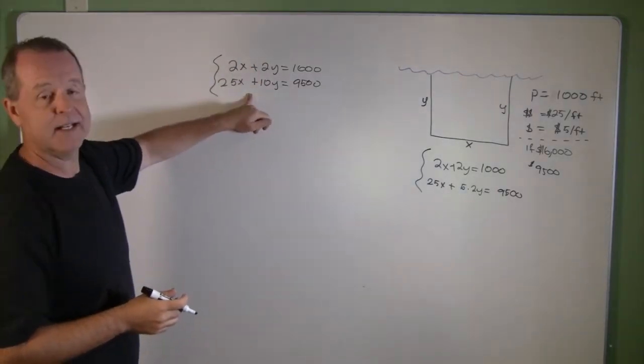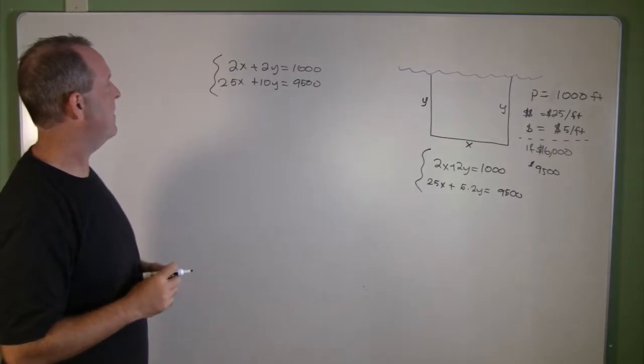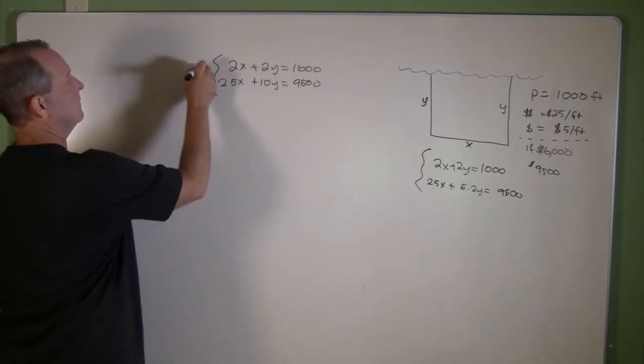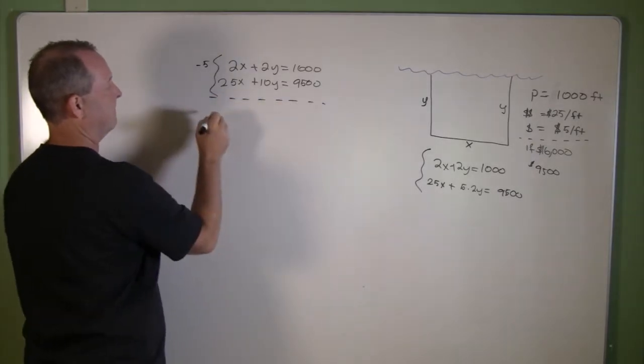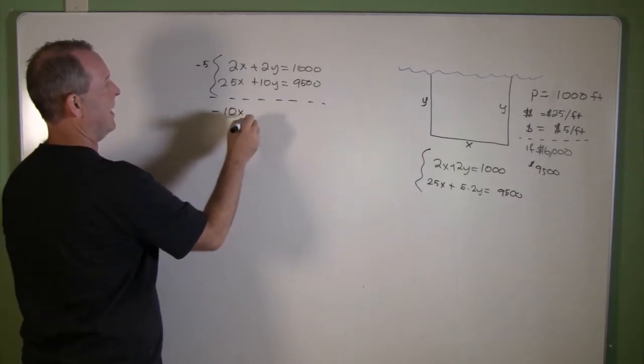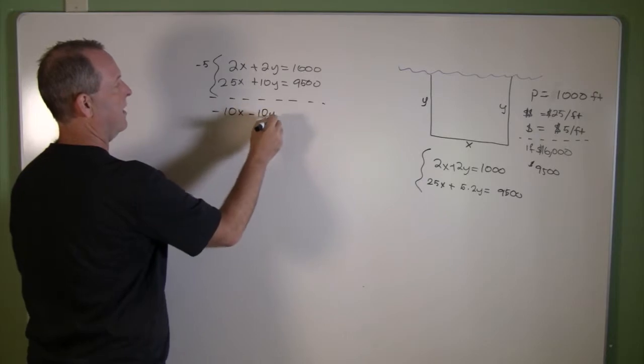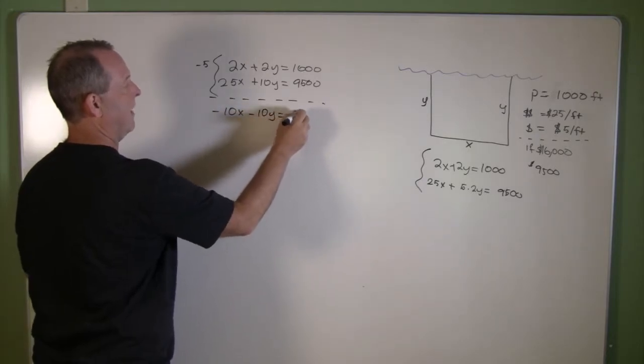All right. First thing we want to do: it's written in standard form, so maybe multiply the top by -5. That's going to give me -10x minus 10y equals -5,000.